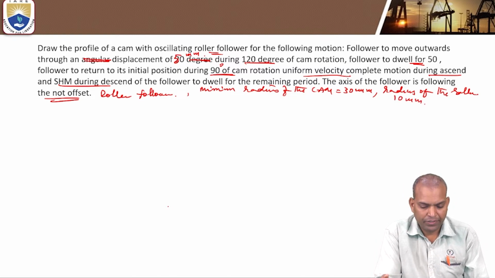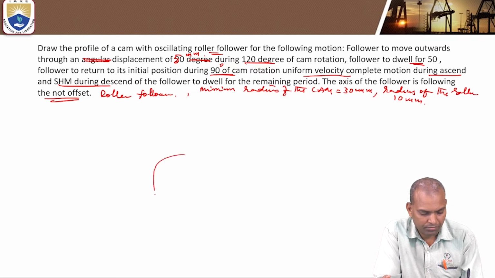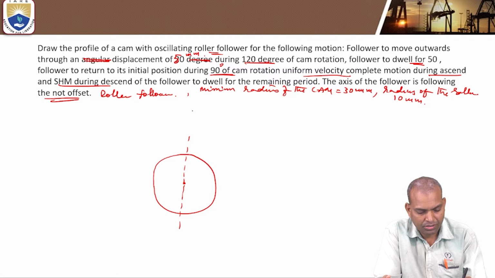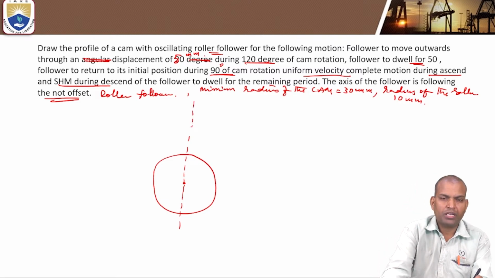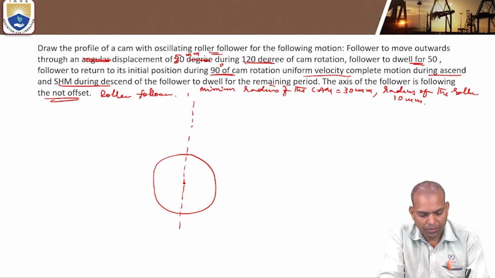Now with that, start by drawing the base circle with the given dimension, that is 30 millimeters. This is the axis. The axis of the follower is passing through the axis of the shaft. Now from this point, take the radius of the roller, that is 10 millimeters, and mark the center of the follower.